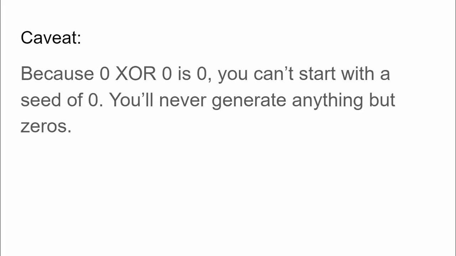So the problem is, if we start with 0 as our number, a random number seed, 0 XOR 0 can only generate 0, and we will never end up with anything other than zeros in our random number generator. So you can't start with 0 as your seed. And if people want numbers between, say, 0 and 10 or something, well, then you generate the numbers the same way, but then you subtract 1 off of whatever comes out of the random number generator.